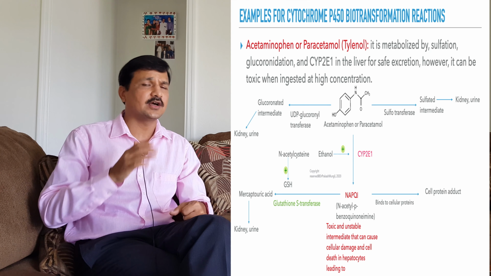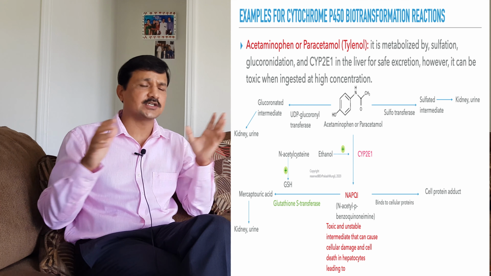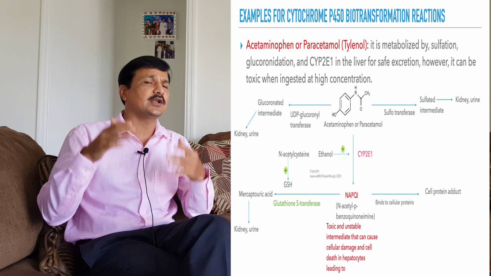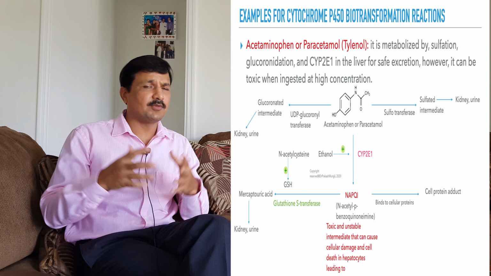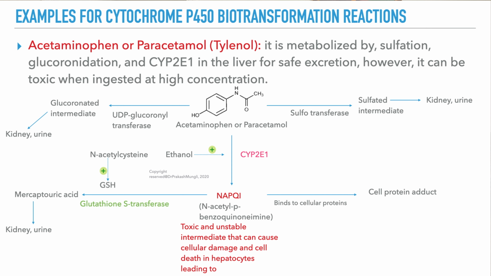As you can see in the figure, on the right side you have sulfation, on the left side you have glucuronidation. That will take care of it. Only less than 10% comes through 2E1 as NAPQI, which is a molecule that can lead to toxicity, but we have a mechanism to take care of it.